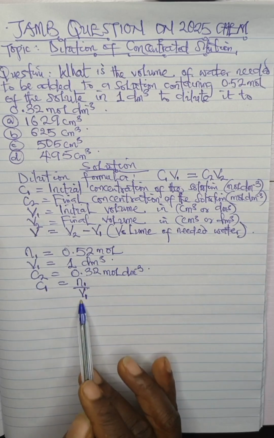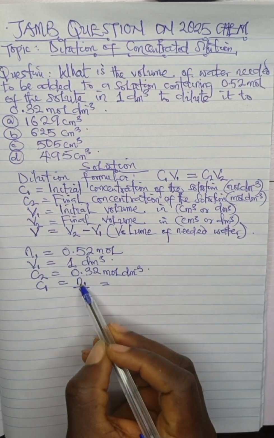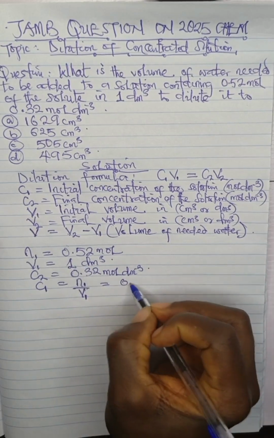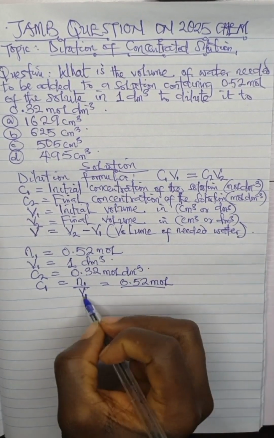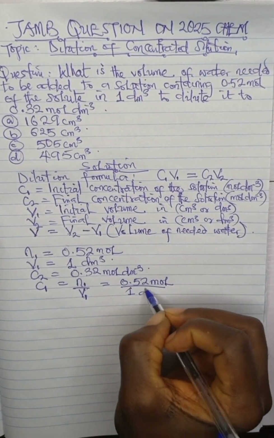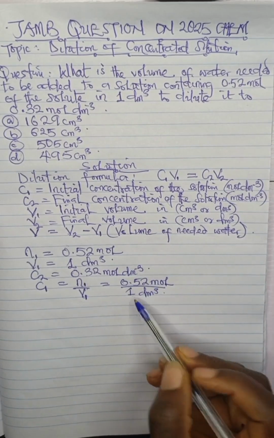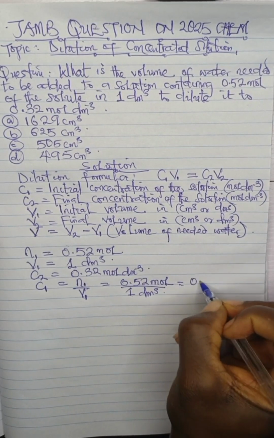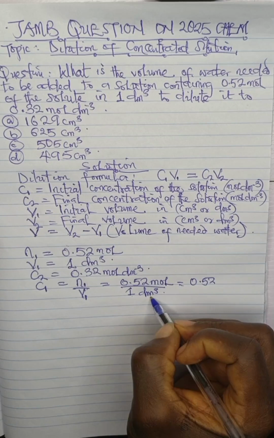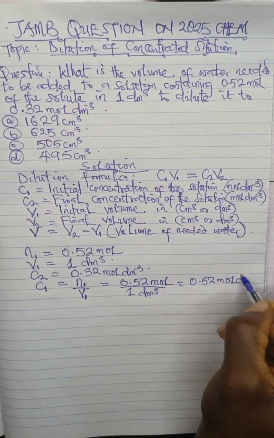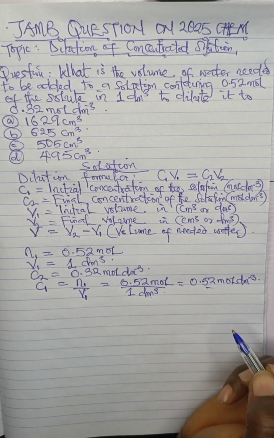So we have 0.52 mole all over the initial volume, which is 1 dm cube. When you divide 0.52 by 1, we have 0.52 mole per dm cube. Now we've got the initial concentration.